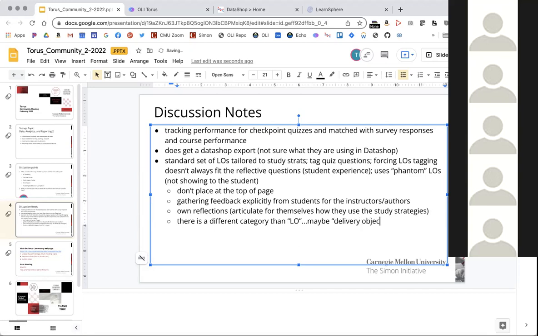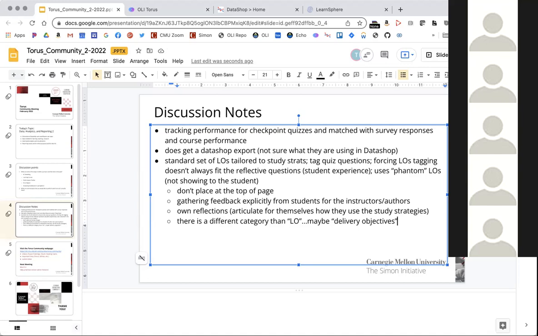But then there's also something more like a reflection objective for us. Again, that could be very niche for our group because we're doing metacognitive coursework. Right, but if we want to encourage more of that type of thing, which I think we do, we need to make space for enabling that different kind of data collection.